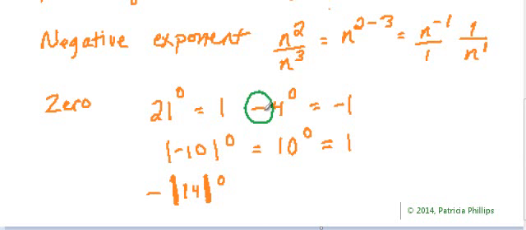So the negative absolute value of 14 to the power of 0.